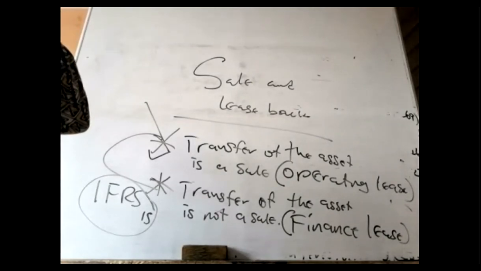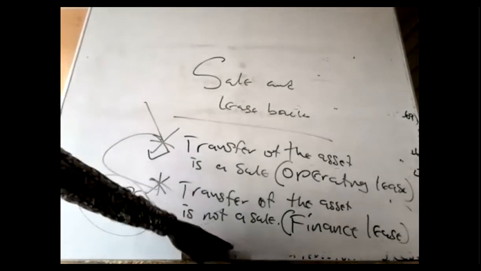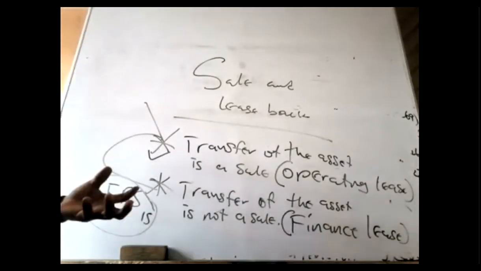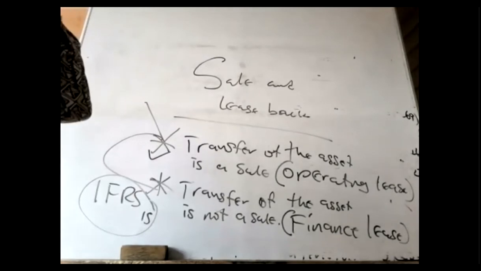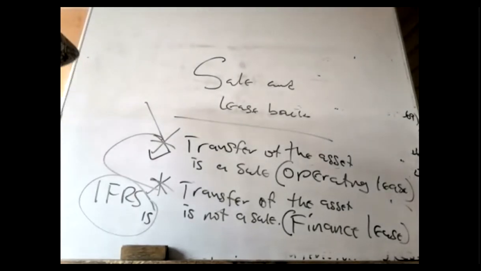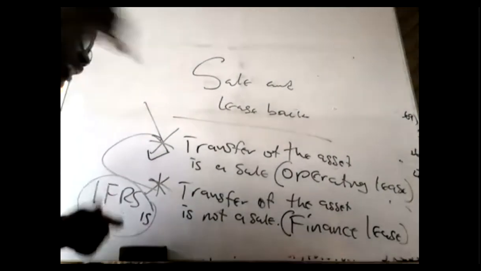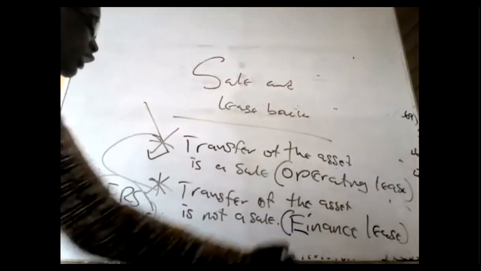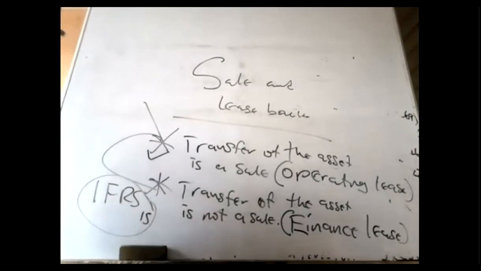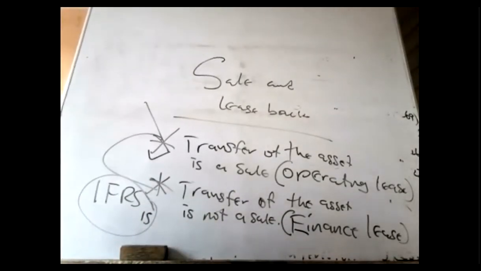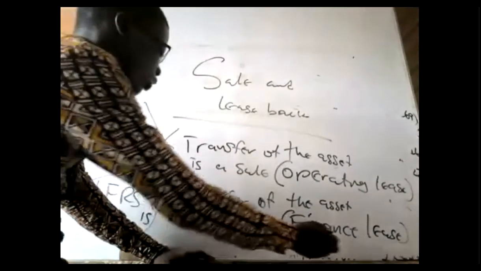But if the transfer is not a sale, that is just substance over form. Here, just convert it. The asset will be transferred from the current value to the present value of the minimum lease payments. If it's under a finance lease, that means you are the owner. Finance lease gives you the accounting right to be the owner of the asset.